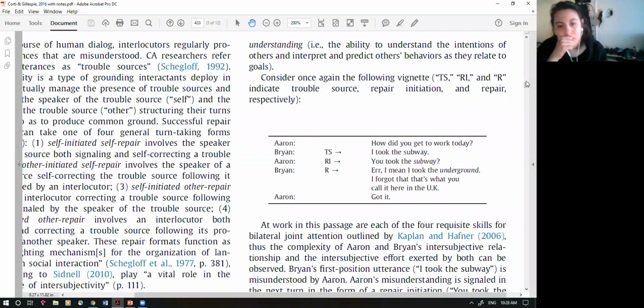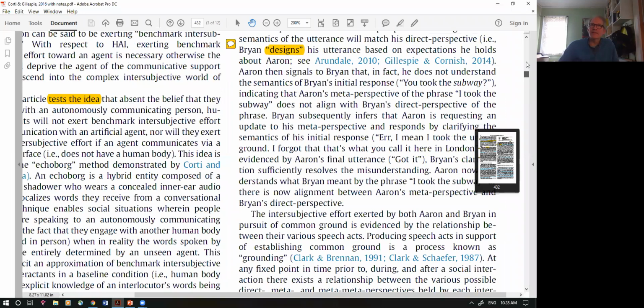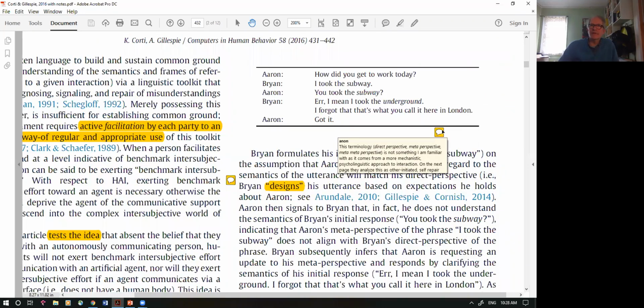The language that I indicated they were using, like from this direct perspective and meta perspective and meta perspective, I don't know how universal that is, because that comes from a tradition that I'm not familiar with, psychology or maybe psycholinguistics.